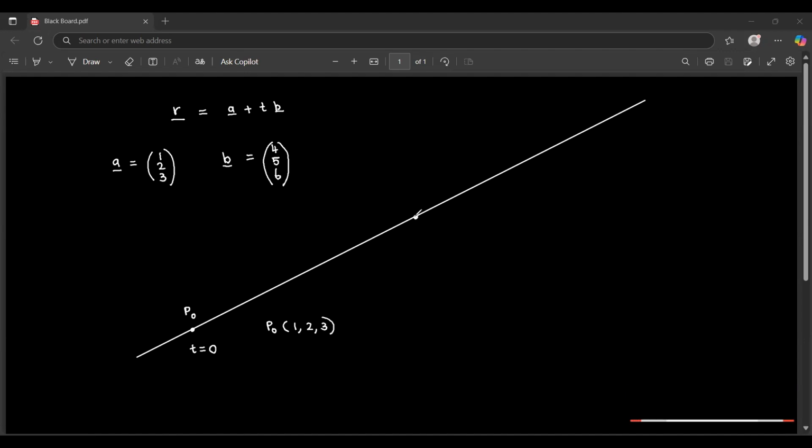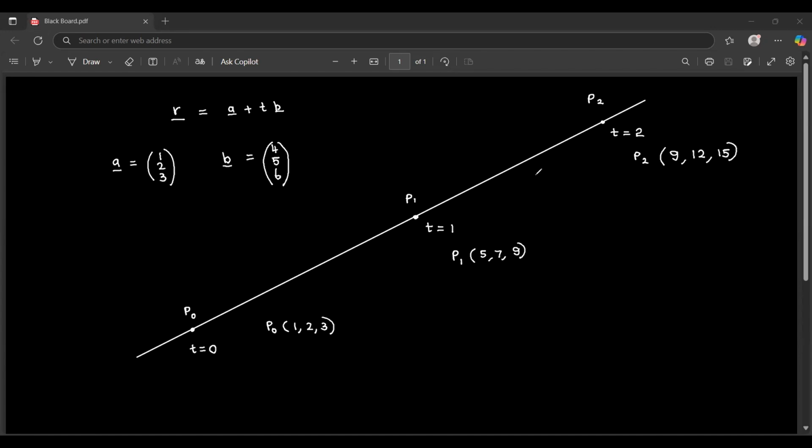When time is equal to 1 second, this is P1, which can be given as (5, 7, 9). When time is equal to 2 seconds, that is point P2, which can be given as (1 plus 8, 2 plus 10, 3 plus 12), that is (9, 12, 15). So this is what's going to happen.